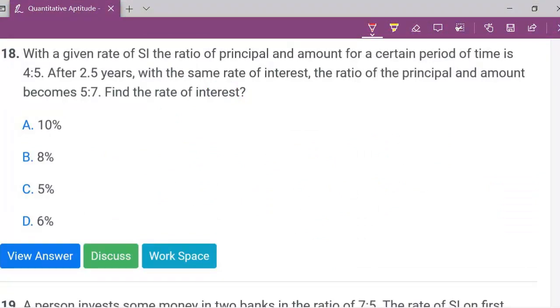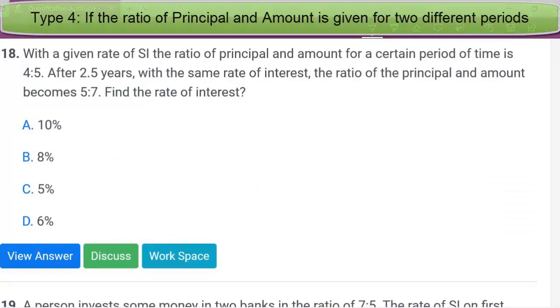So we have here another type of question. With a given rate of simple interest, the ratio of principal and amount for a certain period of time is 4:5. After 2.5 years with the same rate of interest, the ratio of principal and amount becomes 5:7. You have to find the rate of interest.